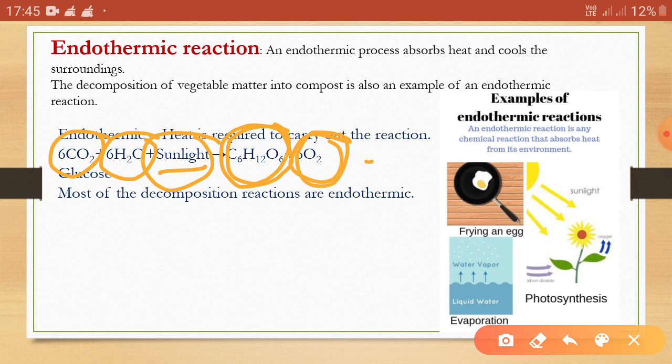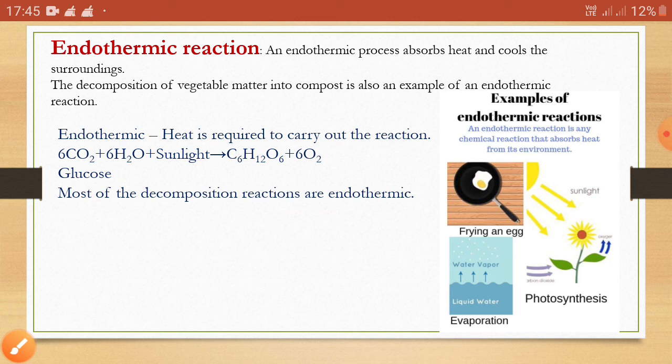This reaction absorbs heat, so it is known as an endothermic reaction. Note that most decomposition reactions are endothermic. I think the difference between endothermic and exothermic is clear.